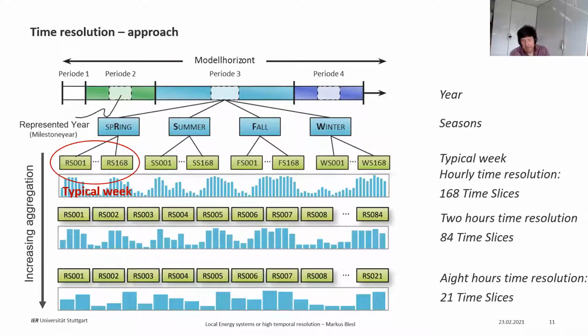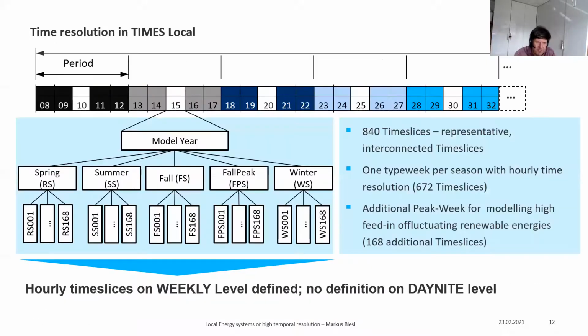This is due to the fact, as the slide lower down shows, that with increasing aggregation you more and more have storage effects. And this is the reason why we are going to these typical weeks.